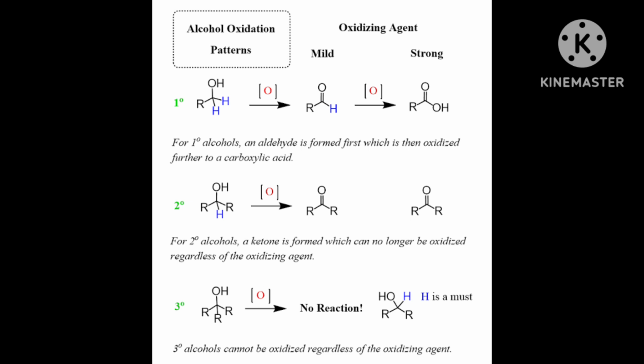Then this C and O have a double bond, and H is attached to carbon. Carbon and oxygen will have a double bond, and H will remain with carbon, meaning an aldehyde is formed, RCOH or RCHO.